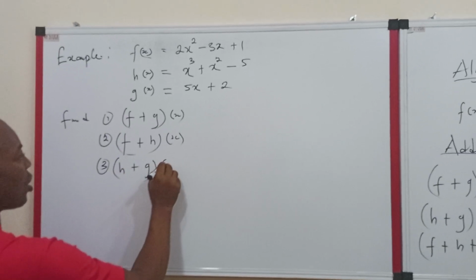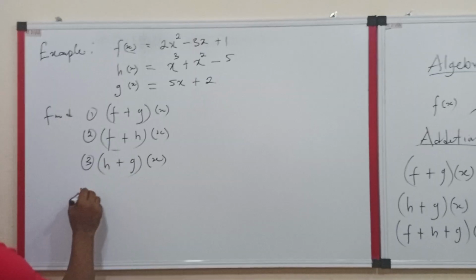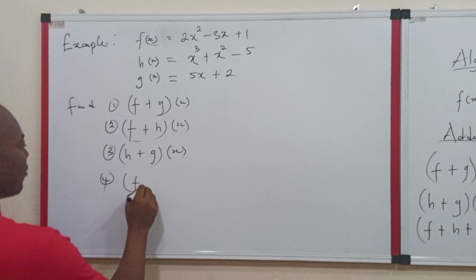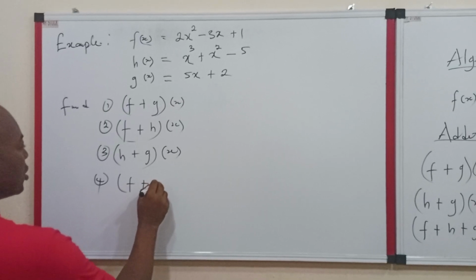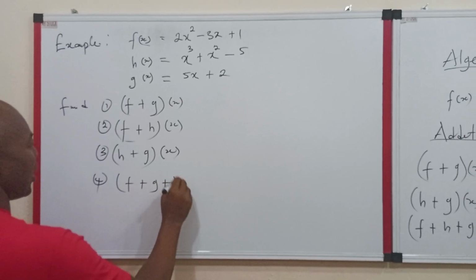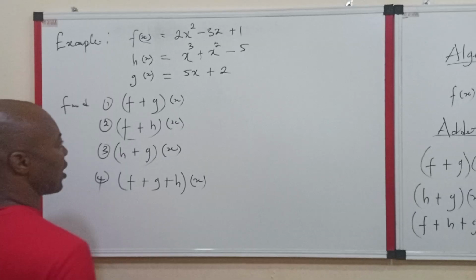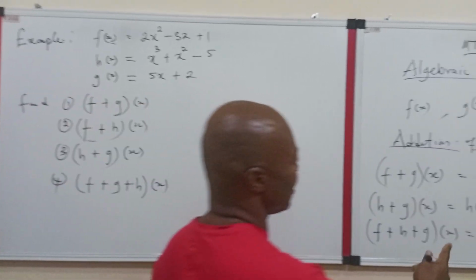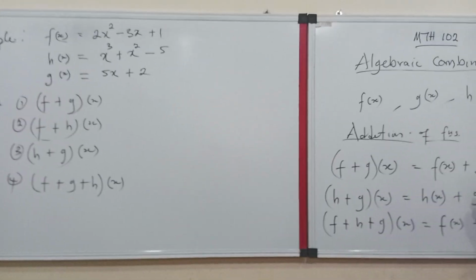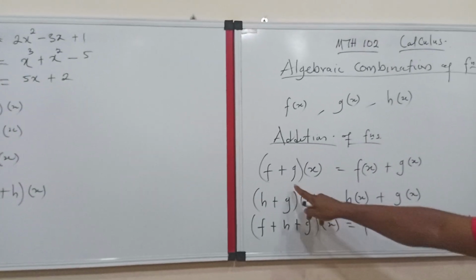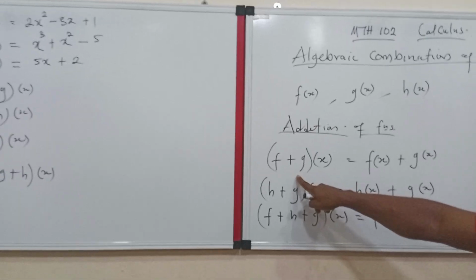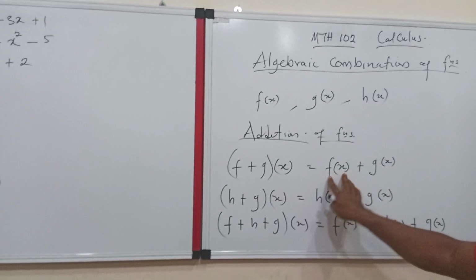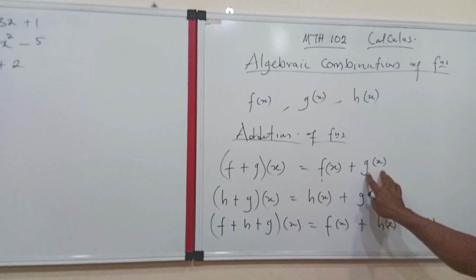g all of x. Then 4, if we are interested in f plus g plus h all of x, then what do we do? Now remember the definition that we have given, that if we have it in this way, then it implies that this that we have plus this that we have.